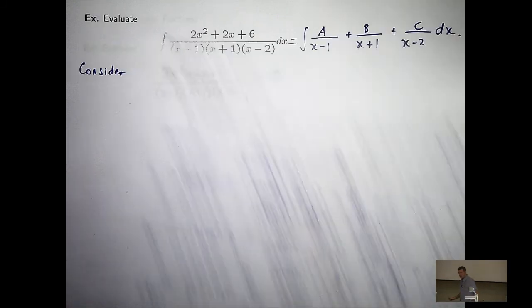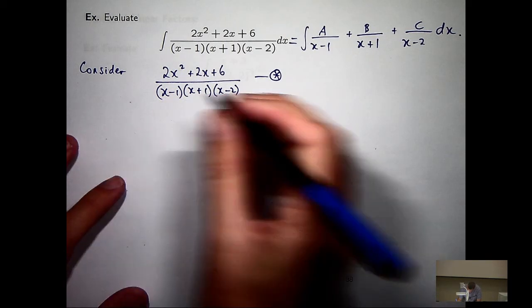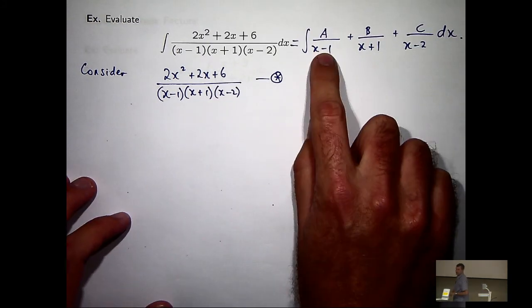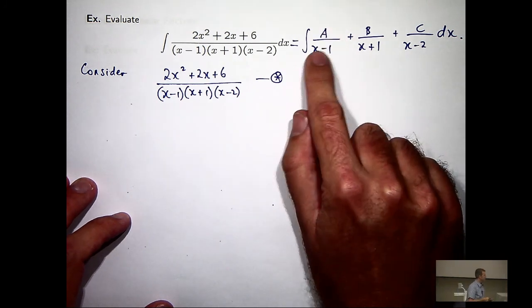All right. So just to step through the process once more, the Heaviside cover-up method. It's great. So to get our letter A, it lies above x minus 1.